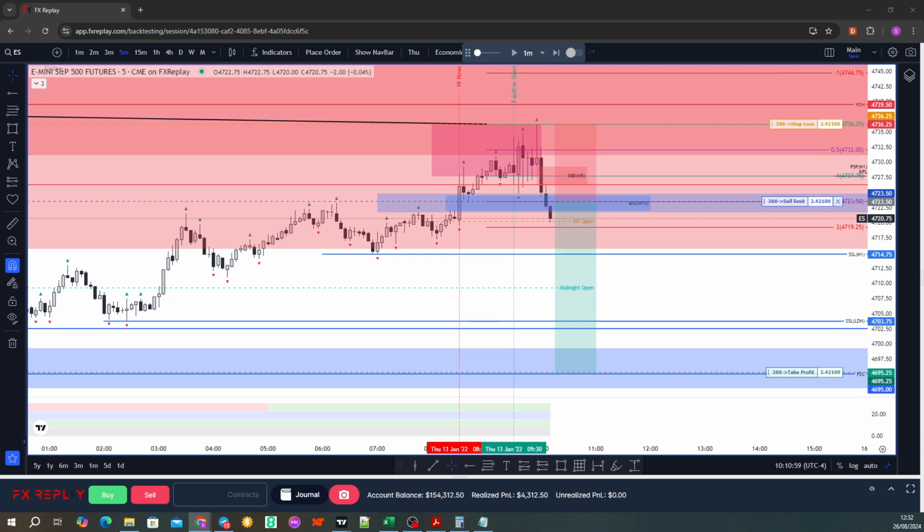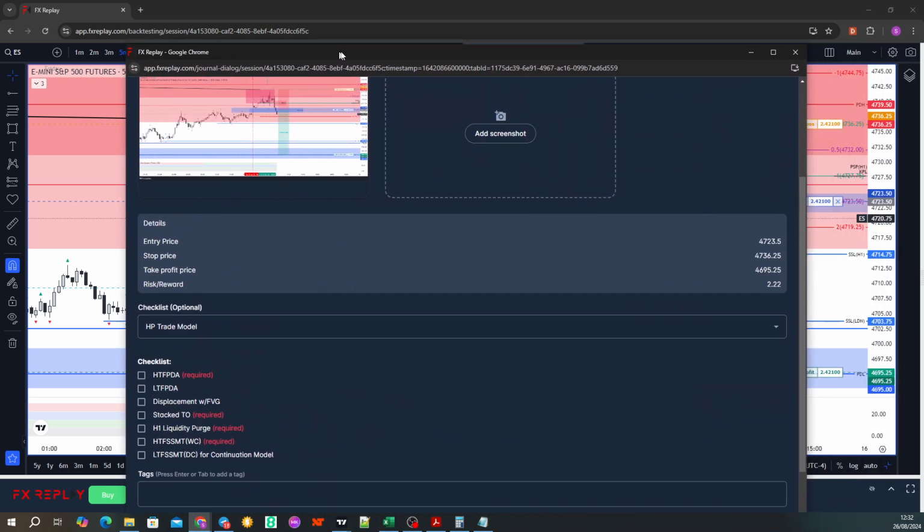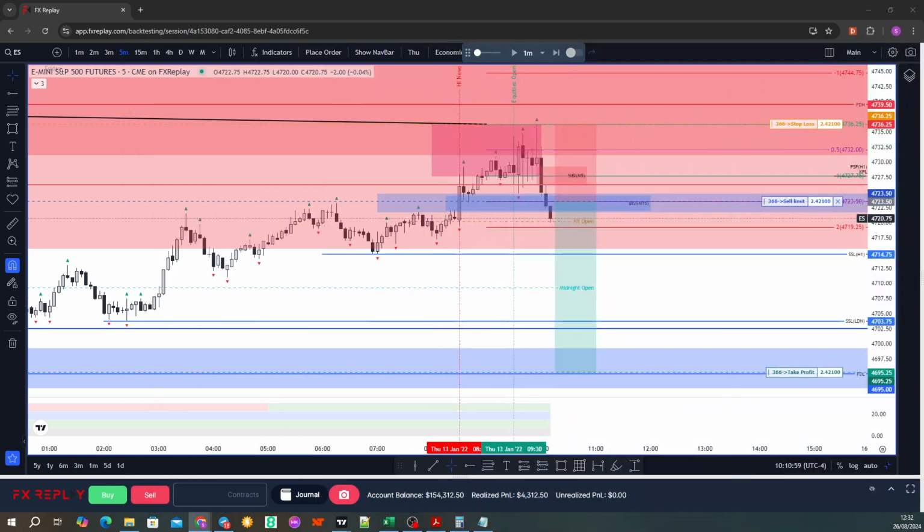I'm going to screenshot. Where's that gone? There we go. Okay, put it back. Let me just minimize that a tad. So as you can see, I'm just putting in the details.